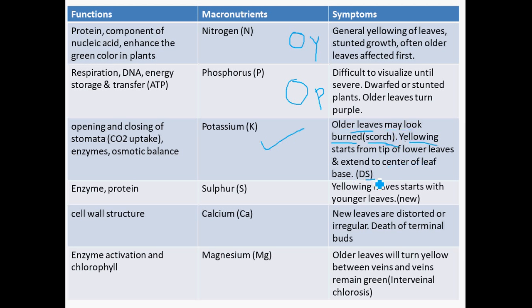DS means dead spot. The yellow portion of the leaves becomes the dead spot. What is a dead spot?